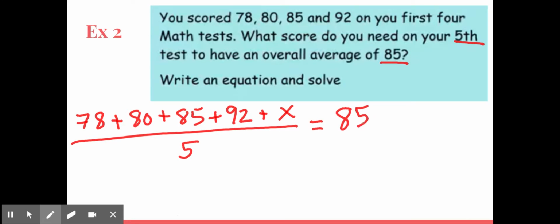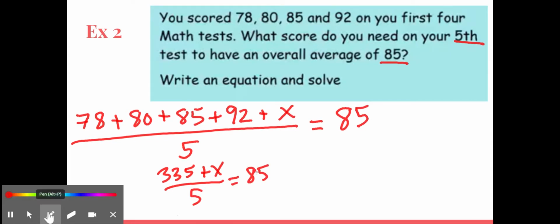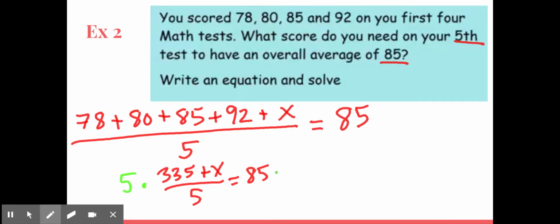So you either do the math off to the side or type it into your calculator. 78 plus 80 plus 85 plus 92, and we get 335. And we still have that plus x. It's still divided by 5, and it's going to equal 85. Now at this point, we're going to multiply both sides by 5 in order to get rid of that denominator.